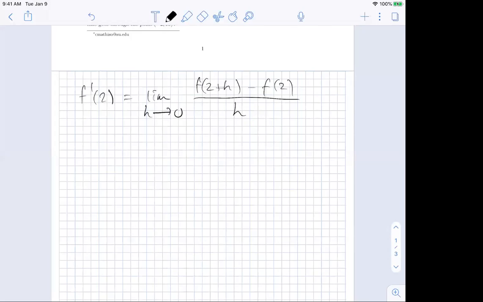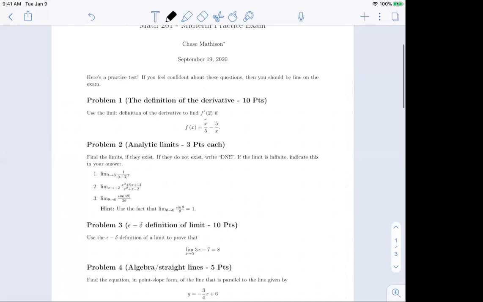So this is equal to the limit as h goes to 0 of, well, f of 2 plus h. Well, that's 2 plus h divided by 5 minus 5 divided by 2 plus h. Okay. So in f of x, again, everywhere you see an x, plug in 2 plus h.